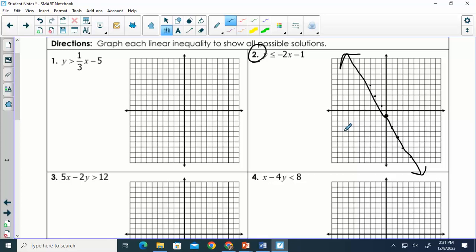Then, we're not done. That's where y equals negative 2x minus 1. We have to shade. We wanted less than. So is less than above or below the line? Below. It's everything smaller. So we are shading under this line.